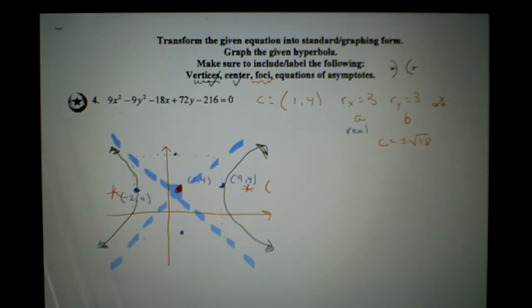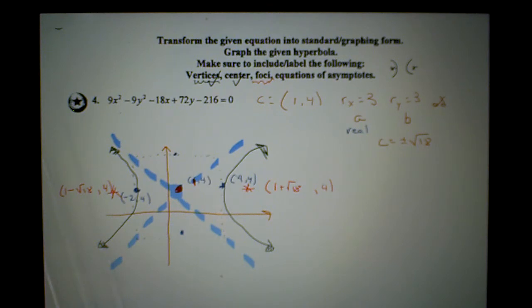So the coordinates of the focal point: since my transverse axis is horizontal, I need to take the x coordinate of the center and add root 18 to it, comma 4. And then this focal point is the x coordinate of the center minus root 18, comma 4.